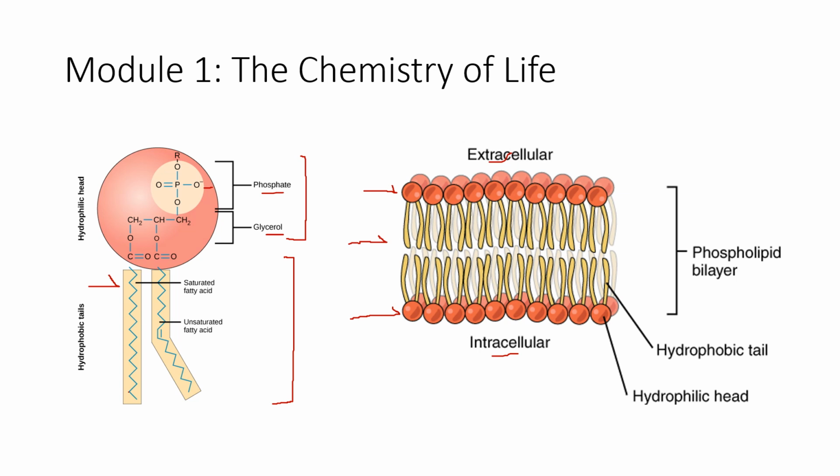So outside the cell is solution like water. Inside the cell is cytoplasm, also like water. So the polar part is associating with the water, and the nonpolar part is on the inside, and this depicts what a cell membrane looks like. And it's called a phospholipid bilayer.